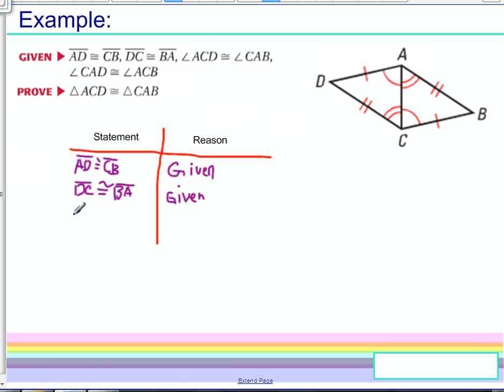Actually in this case I can say that segment AC is congruent to segment AC, and the reason for that is the reflexive property.